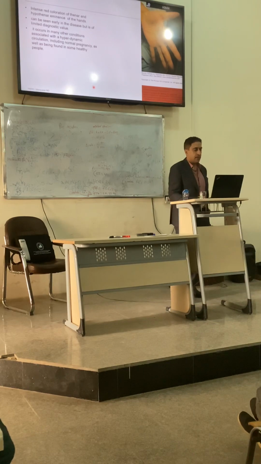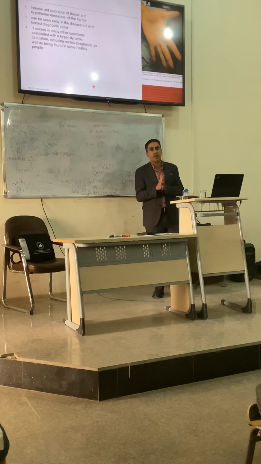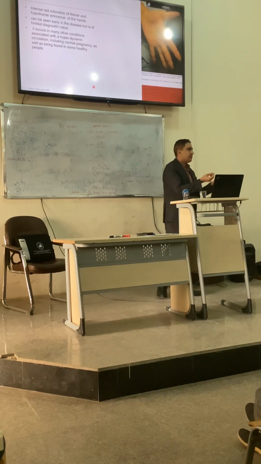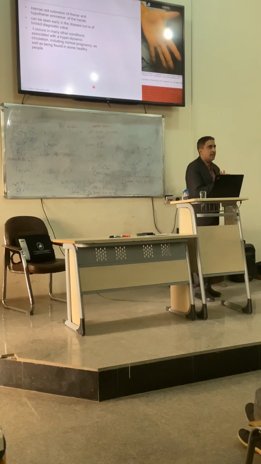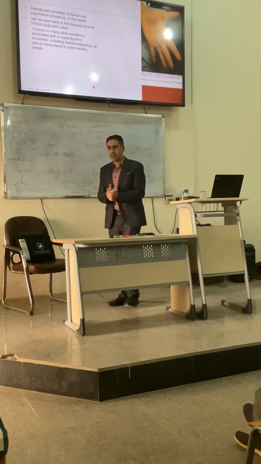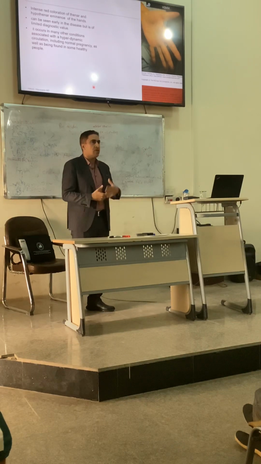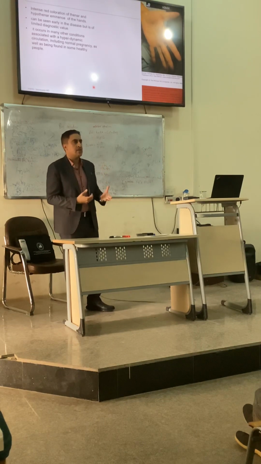Palmar erythema is the erythema above the thenar and hypothenar muscles. It's a very simple sign we need to remember. I asked one of the students in the exam, just give me 2 signs in addition to this ascites in order to confirm the diagnosis.